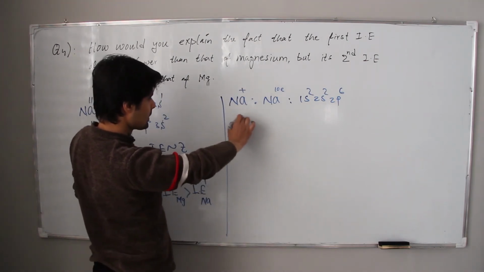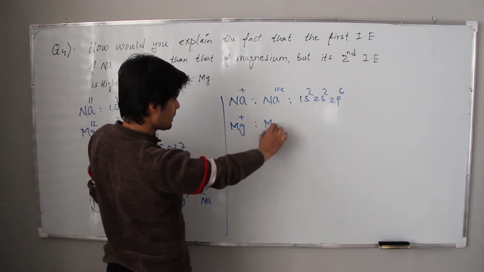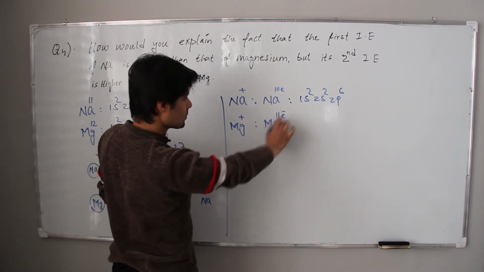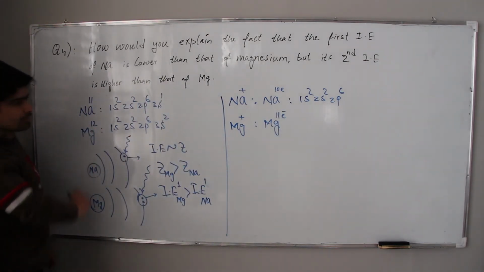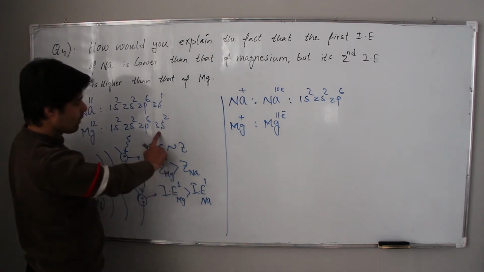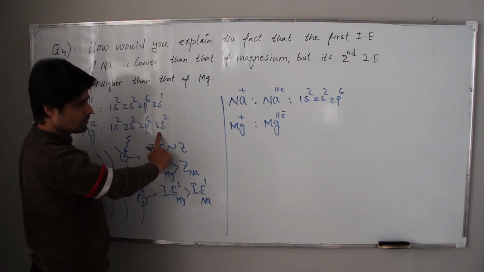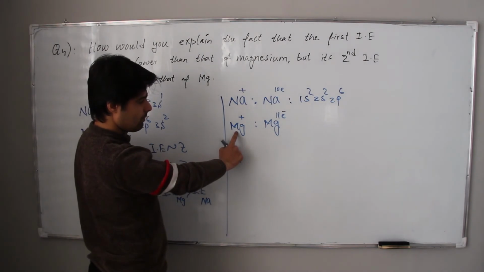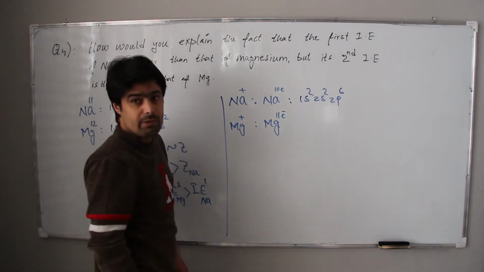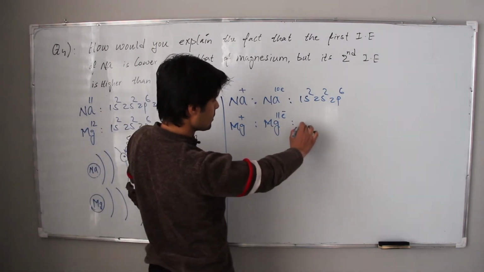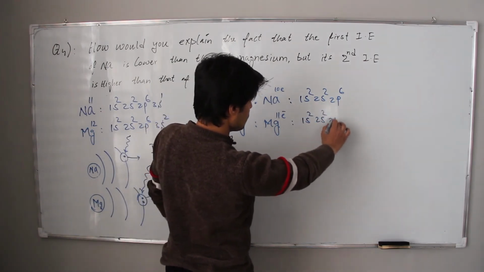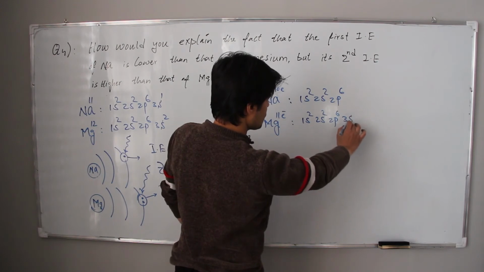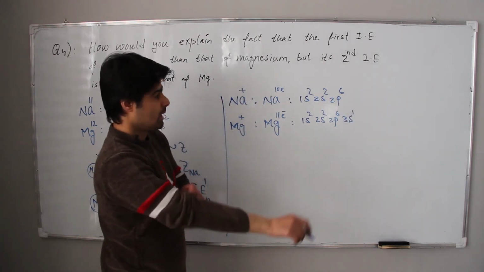Magnesium changed to magnesium plus. First it had 12, now by removing 1 electron, it changed to magnesium plus and it has 11 electrons. Now what's the electronic configuration? 1s2, 2s2, 2p6, 3s1.